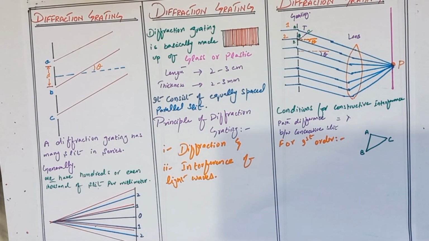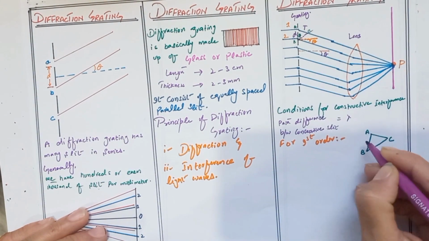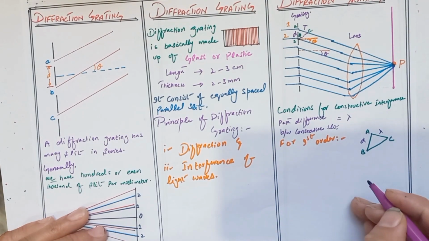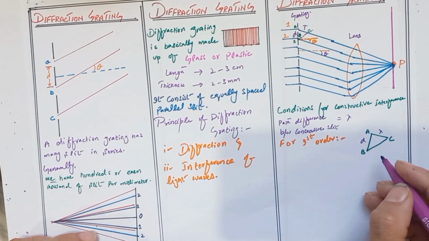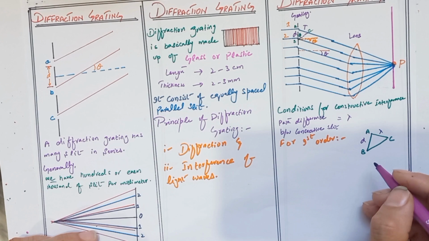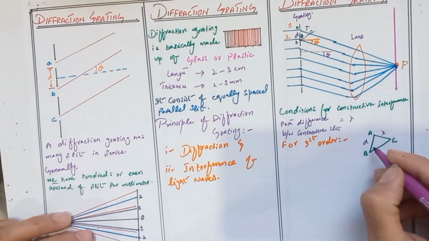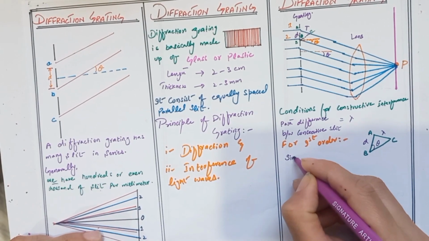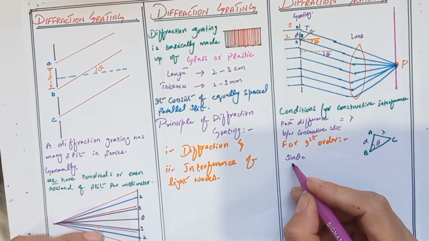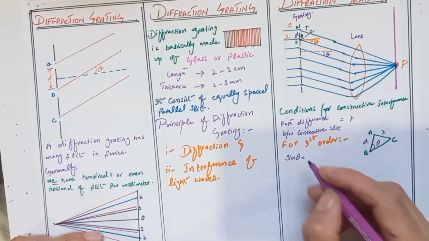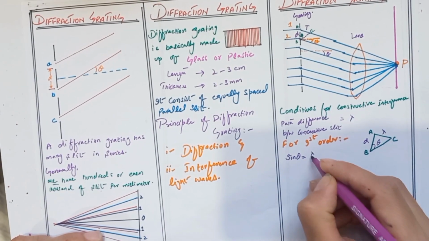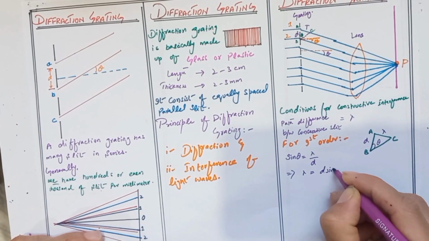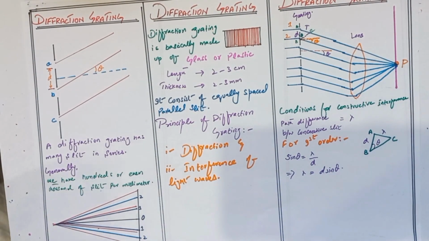The distance between the two slits, AB, is D. The distance AC is lambda. The angle is theta. Using trigonometry, sin theta is equal to perpendicular over hypotenuse. Here the perpendicular is lambda and the hypotenuse is D. So we find lambda is equal to D sin theta.